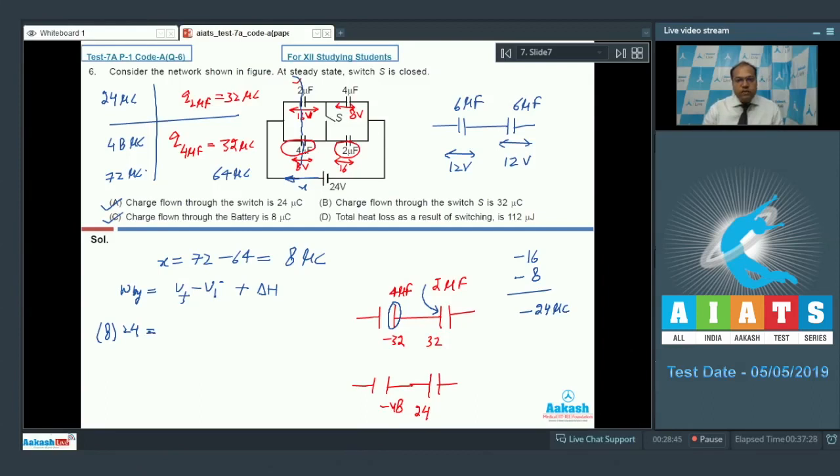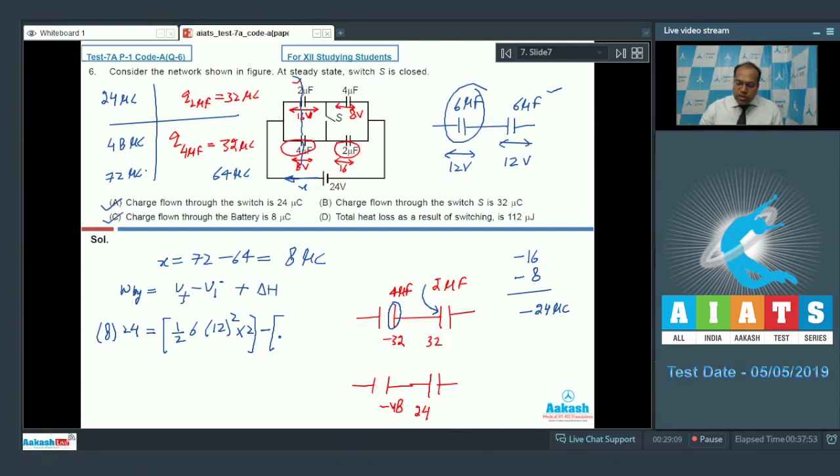We have to find out the final energy stored in the system. We know that the energy stored in this capacitor is half into C, that is 6, into V, that is 12 square, and similarly in this capacitor, so multiplied by 2. So that is U final minus U initial.